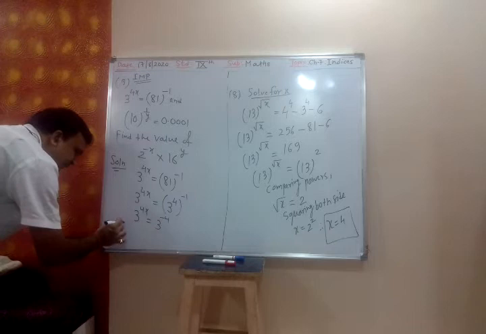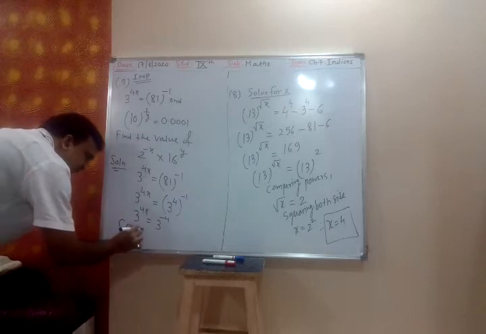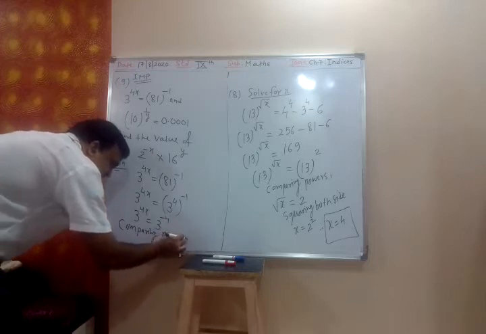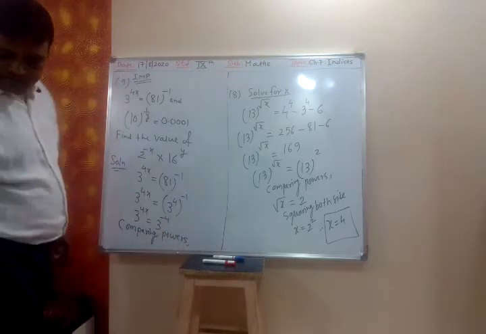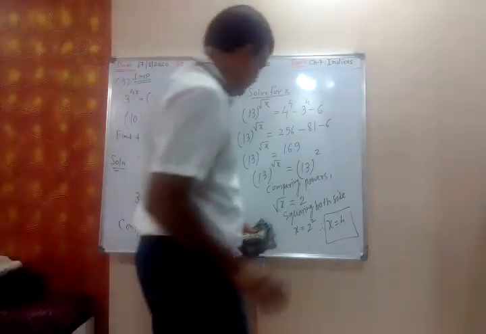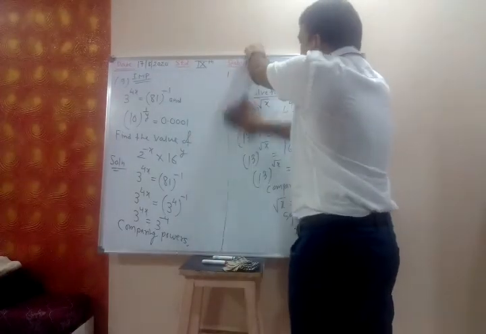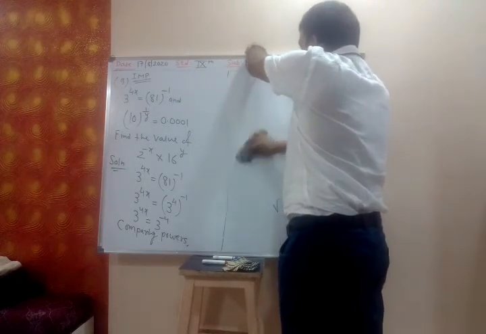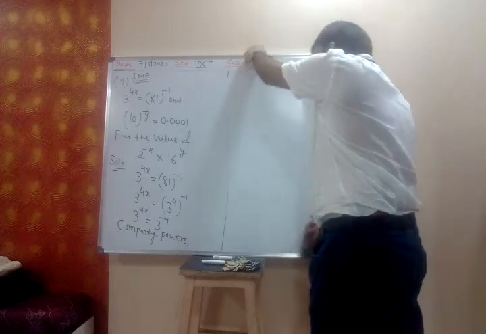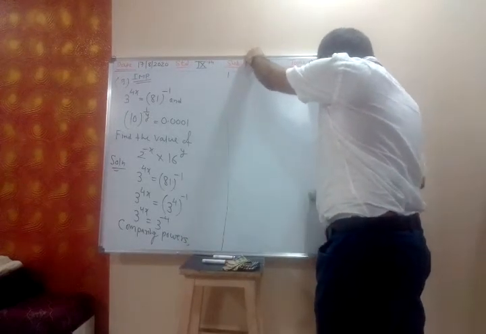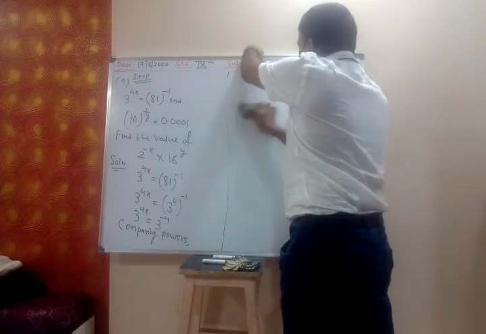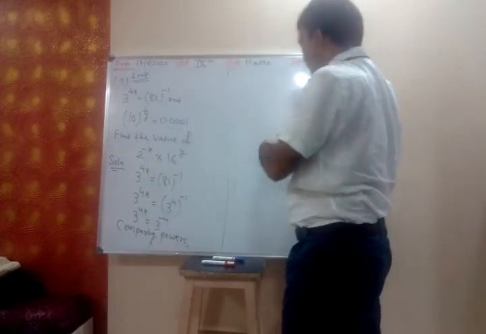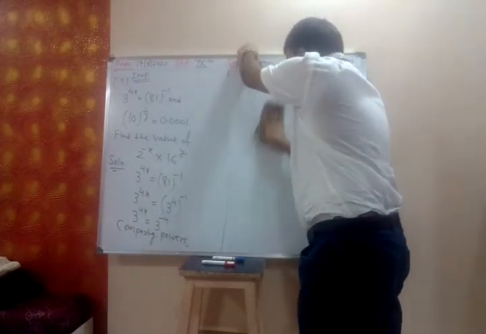So comparing powers, you will get 4x is equal to minus 4, and that will give you x is equal to minus 1.